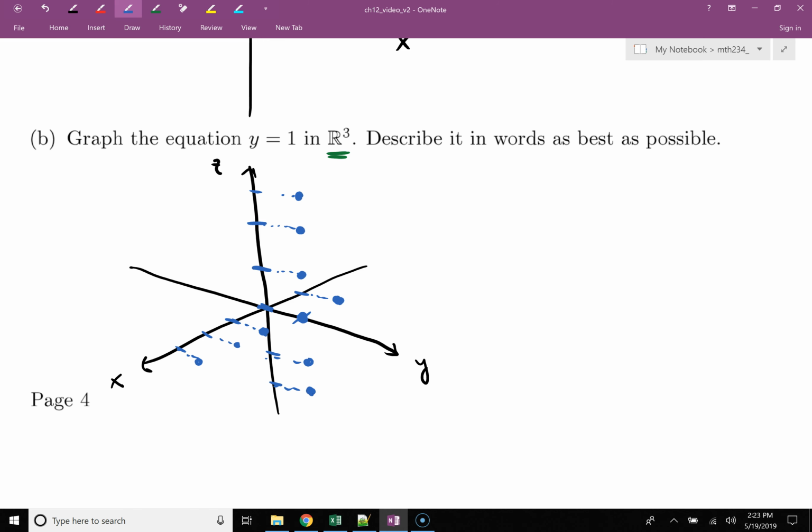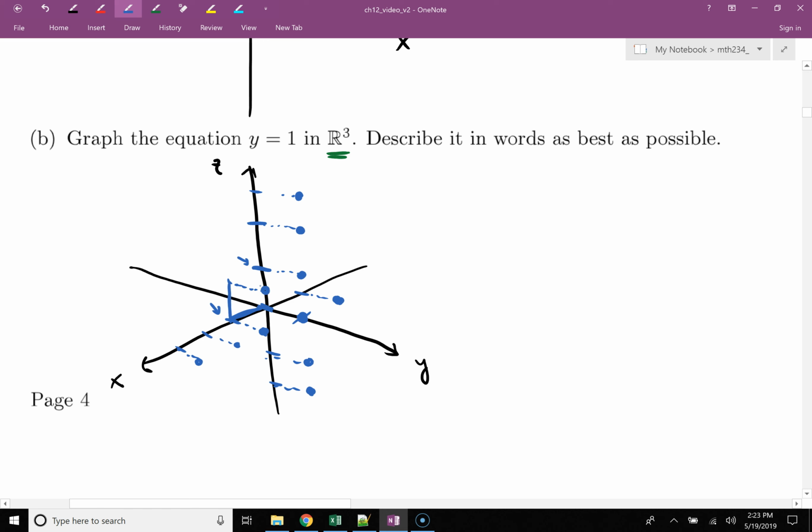I just happen to be choosing either x or z to be equal to 0, but for instance, I could choose x equals 1 and z equals 1, and notice y would also have to be 1. So I could go out 1 in the x direction, up 1 in the z direction, and the only thing that has to remain true is that y has to be equal to 1. So I have to go out to y equals 1.